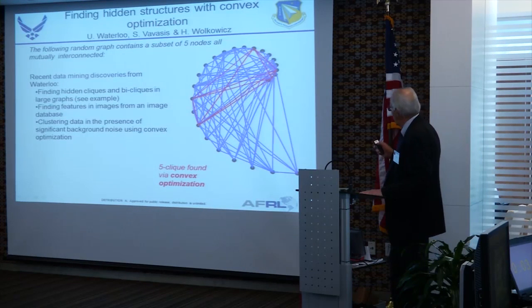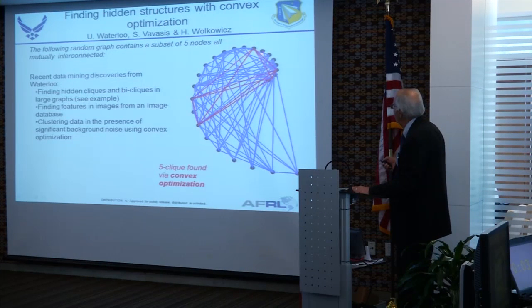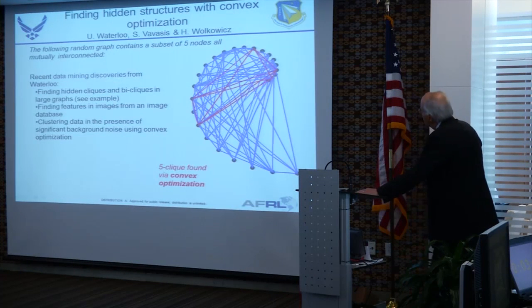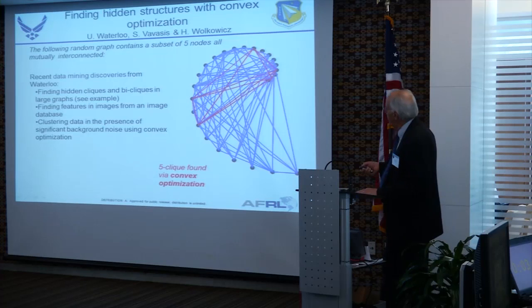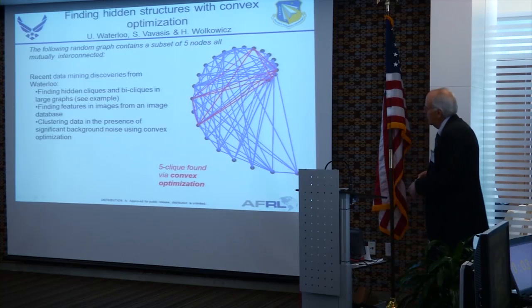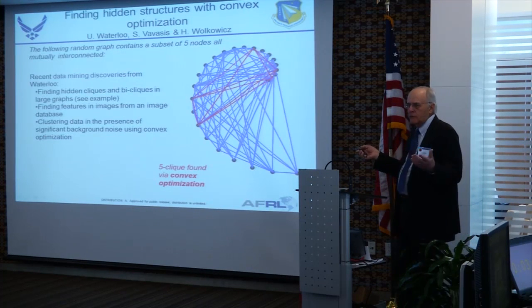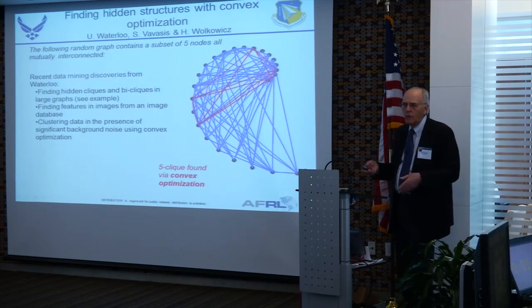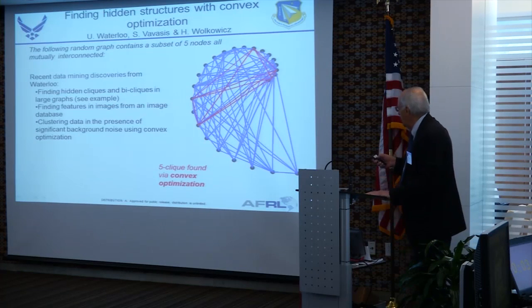This is data mining really, you can just imagine that here there's a clique of, let's call them bad guys, that are in constant contact with each other. But you see, this data could be contaminated by putting a lot of additional false connections in there. And the question is, can you still find it?